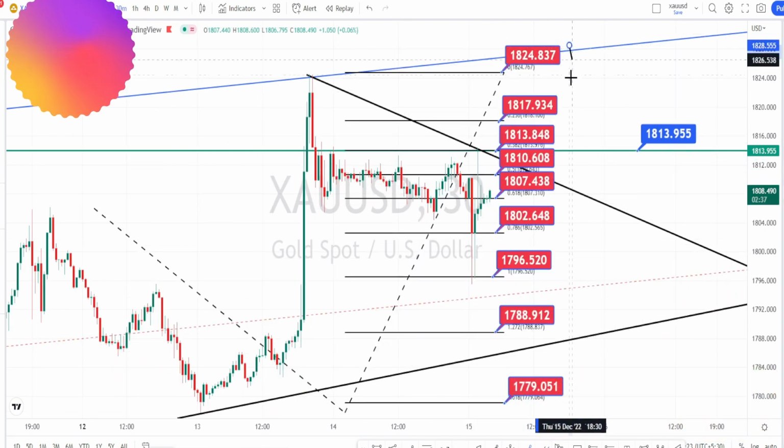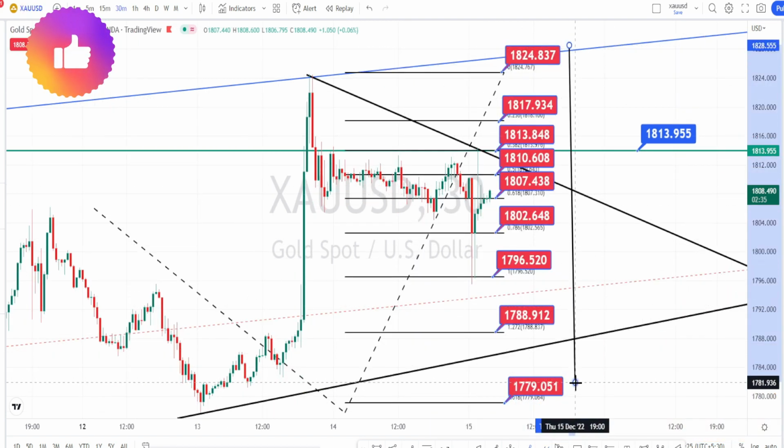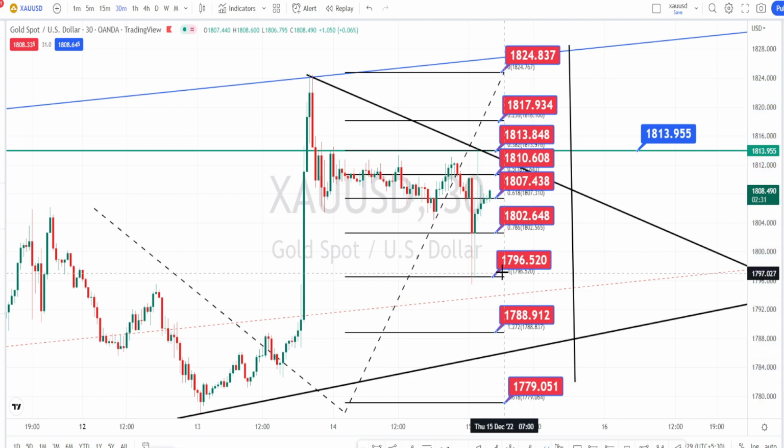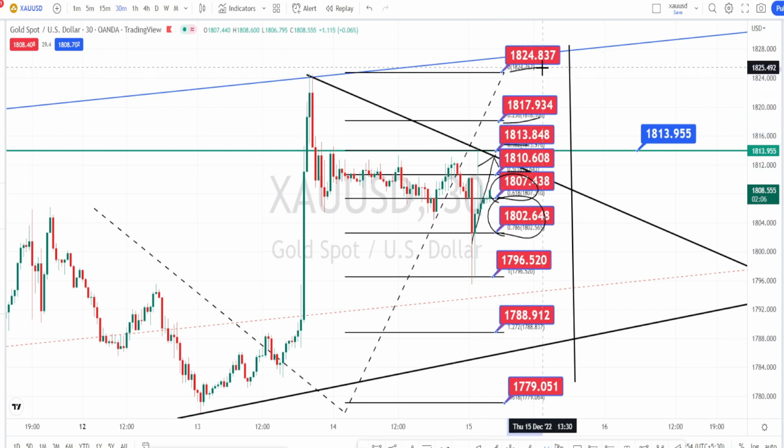So the values within this red color boxes are the resistance and support levels for current price action in 30 minutes time frame. Currently the price action has taken support around the support level of 1802, and we have noticed a price action to bounce back on the bullish side retracement. It has also broken the resistance level of 1807, and next level of resistance it's going to be around 1810, 1813, 1817 and 1824.